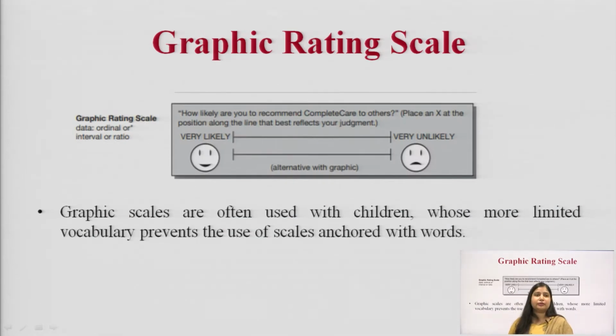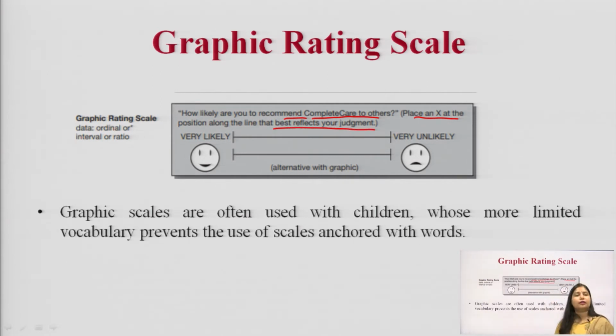Here is an example of the graphical rating scale. Suppose the question is: how likely are you to recommend Complete Care to others? Complete Care is the example of a company whose products are being used. Place an X at a position along the line to best reflect your judgment.